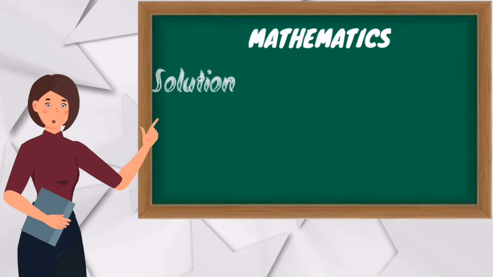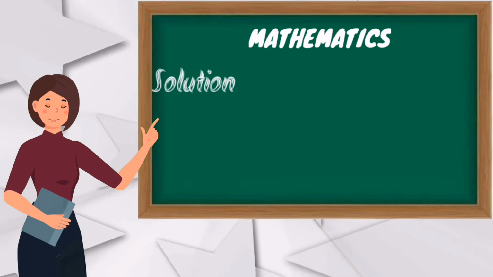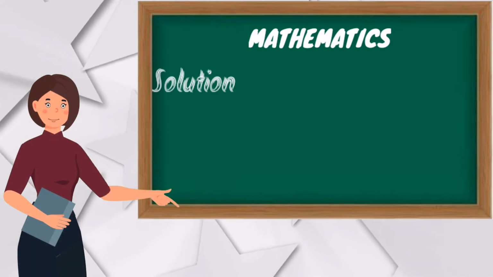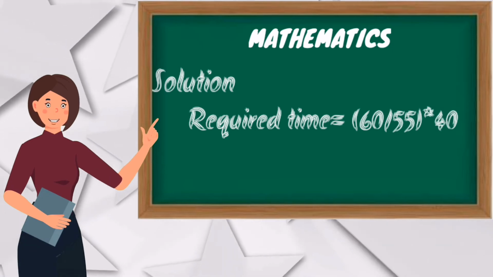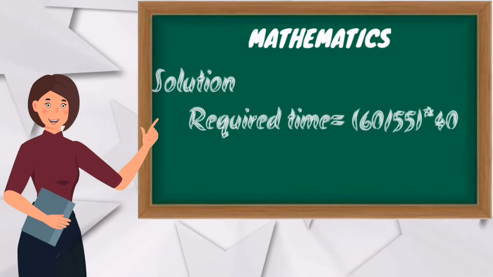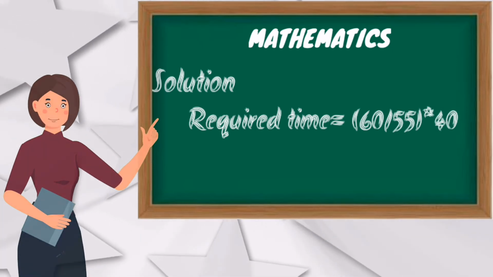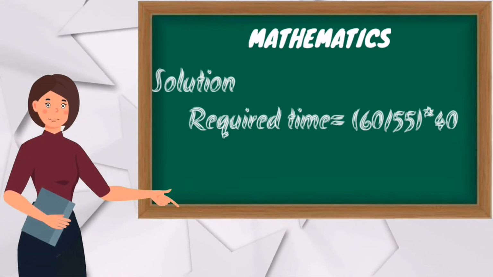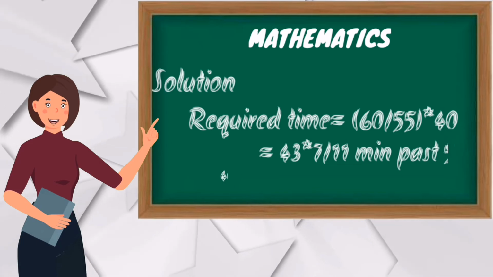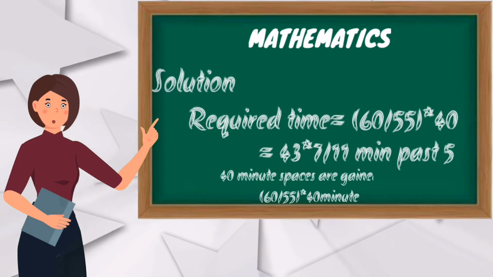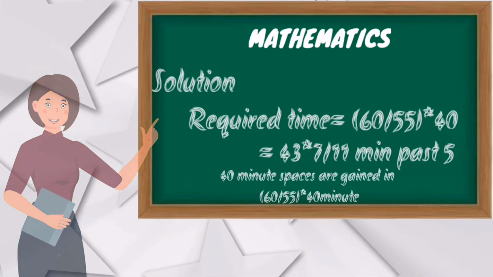So now we got the value for n. Simply substituting n in the equation of required time, we get required time is equal to 60 by 55 into 40, that is equal to 43 7/11 minutes past 5, and our correct answer is option A.